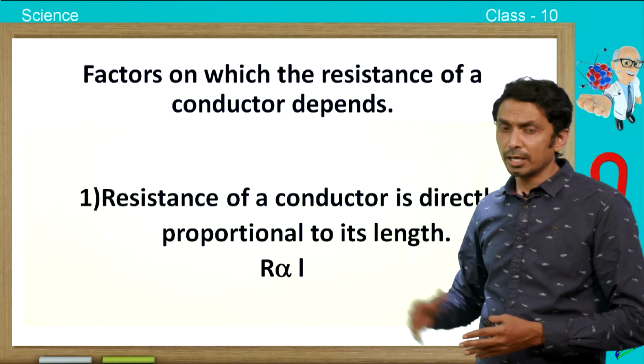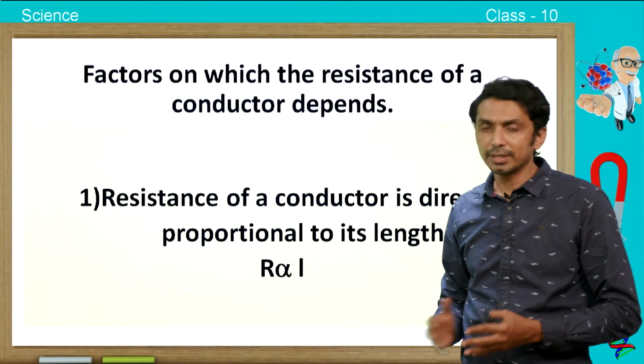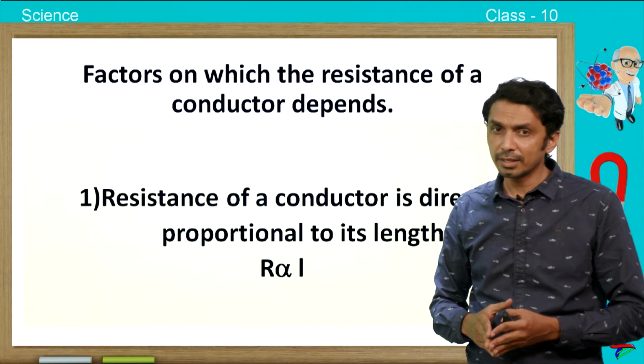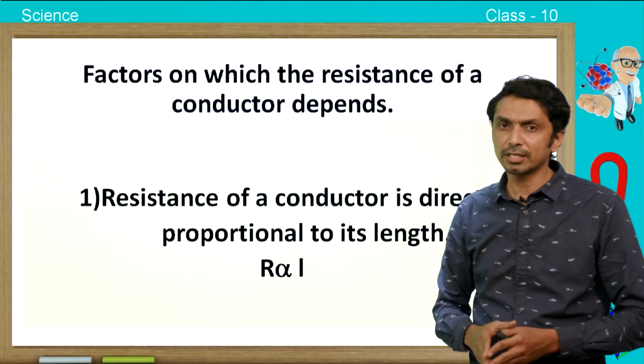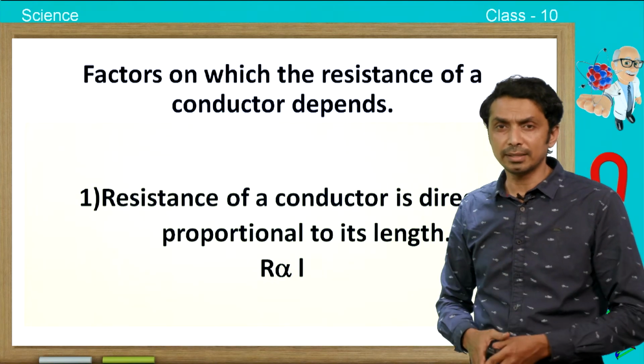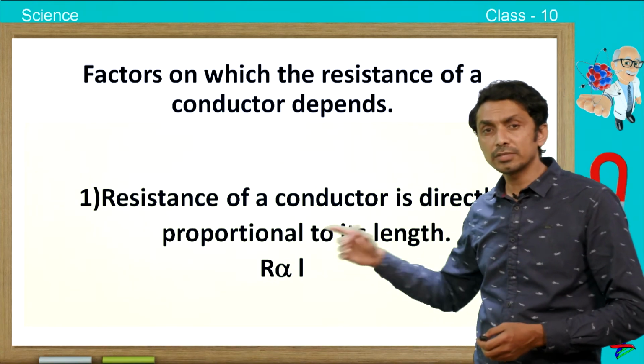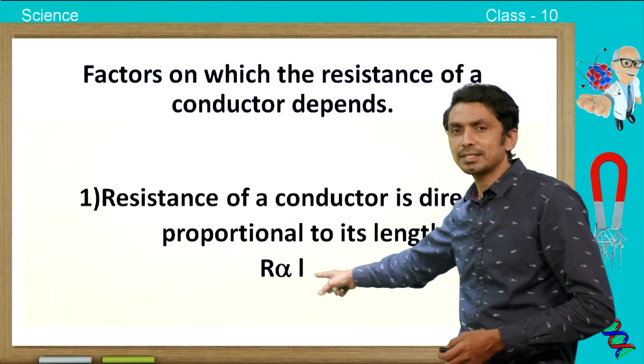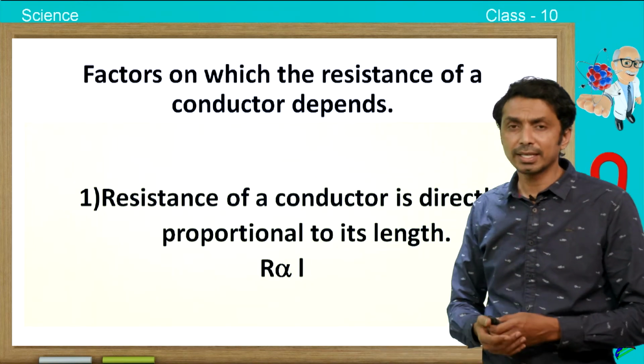If the length of the conductor is more, then the resistance of the conductor is also more, even if they are made of the same material. That is why we say resistance is directly proportional to the length of the conductor.